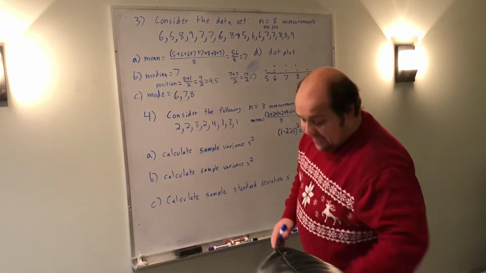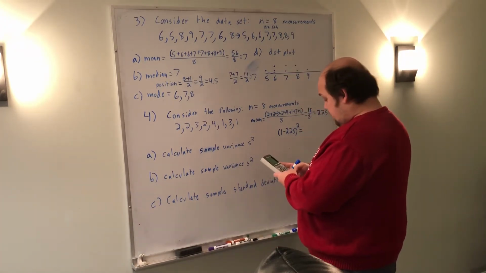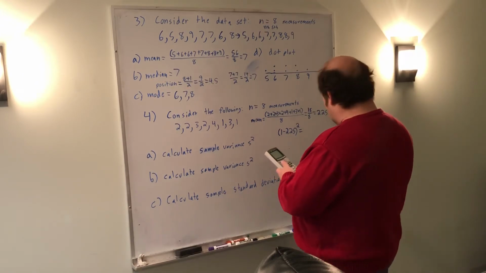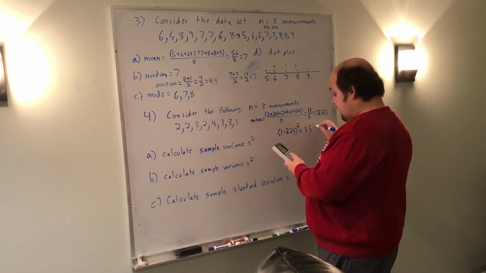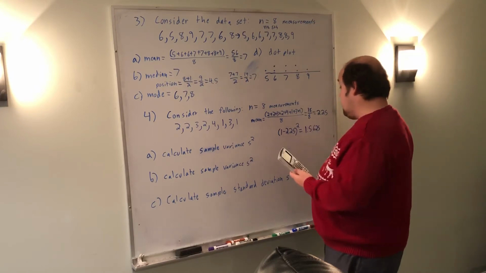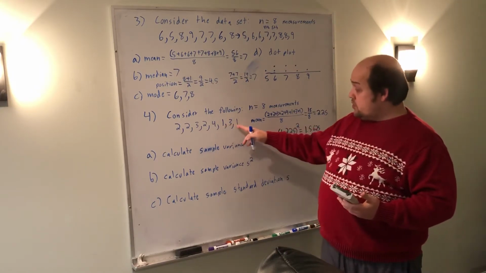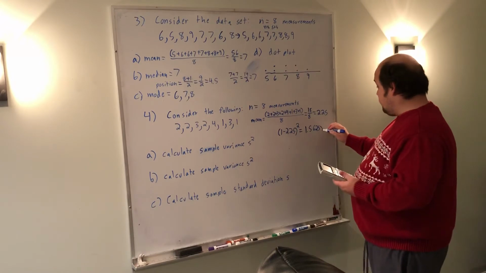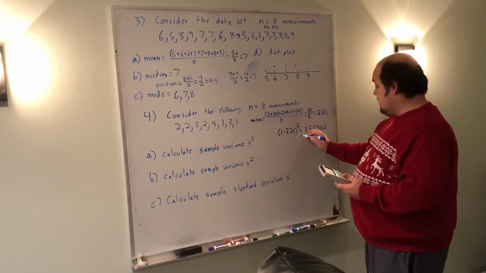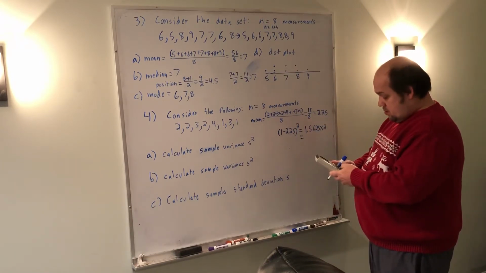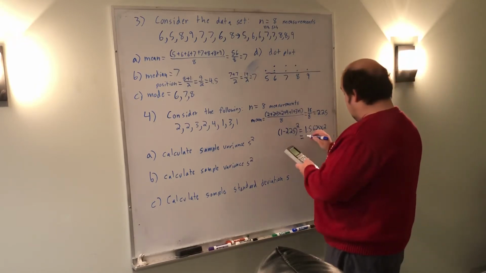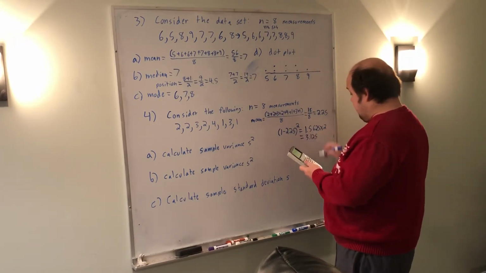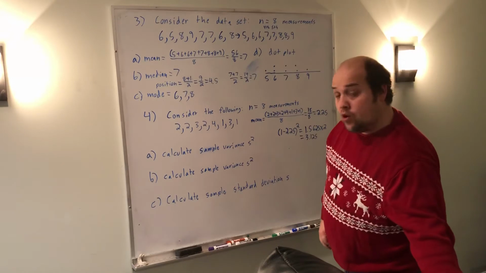When I put that in my calculator, I get 1.5625. Remember that 1 occurs twice in the data set, so I'm going to multiply this by 2. That's how I get 3.125 as the total of both of the 1's.